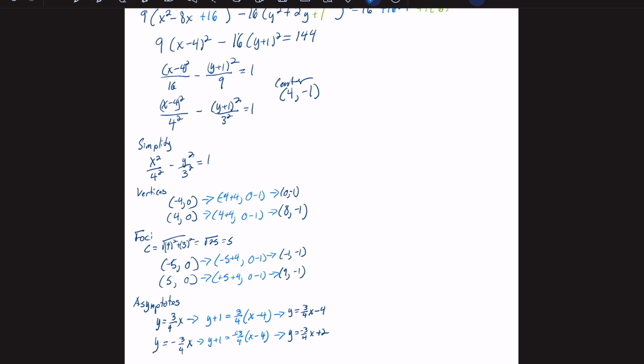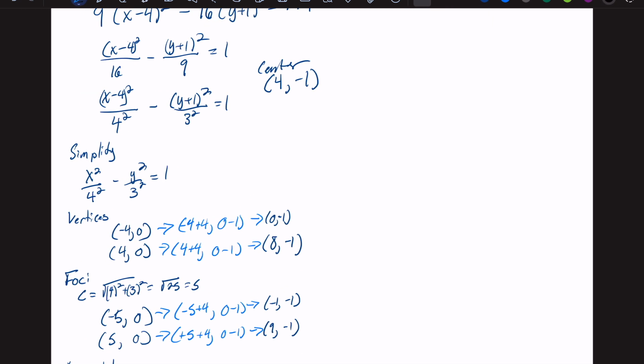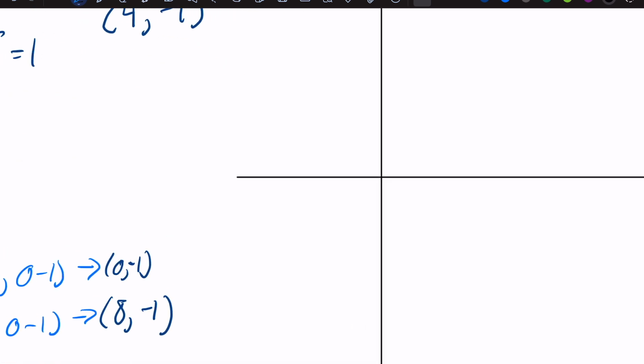The last thing we want to do is sketch it. So let's go ahead and make that sketch in this big room right here. I'm going to need more room to the right, so I'll make sure I show that. All right, so I'm going to go up 1, 2, 3, 4, and 5.